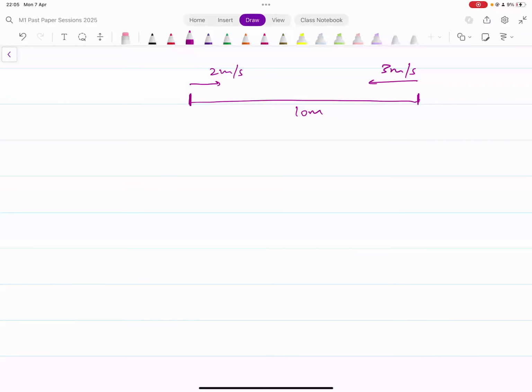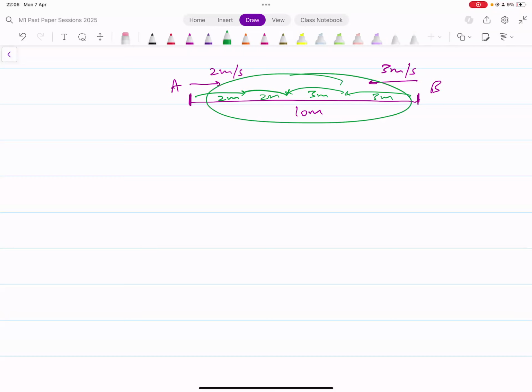Every second, what happens in the first second? This person A moves 2 meters to the right, and the second person moves 3 meters to the left. In the second second, this person moves 2 meters more, and this person moves 3 meters more, and they meet each other when time is equal to 2.